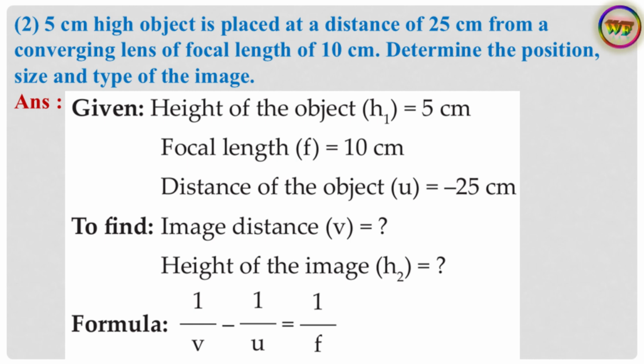Sub-question 2. A 5 centimeter high object is placed at a distance of 25 centimeters from a converging lens of focal length of 10 centimeters. Determine the position, size and type of the image. Answer is given directly and continuation of the answer is on the next slide.